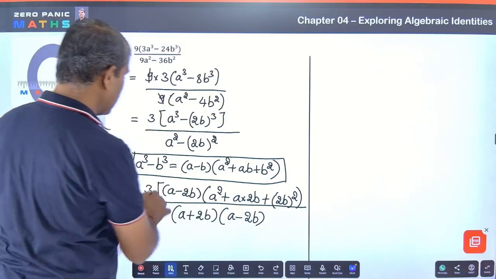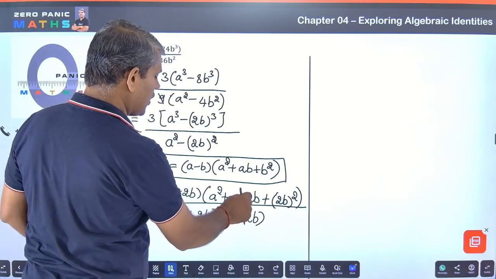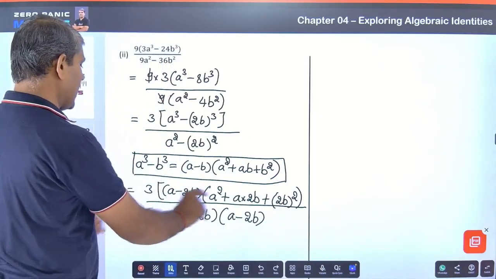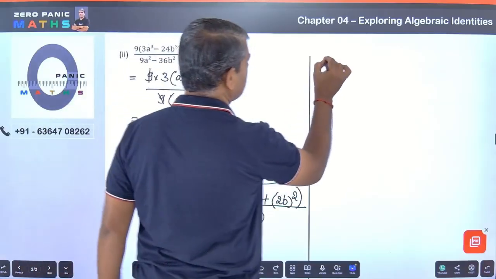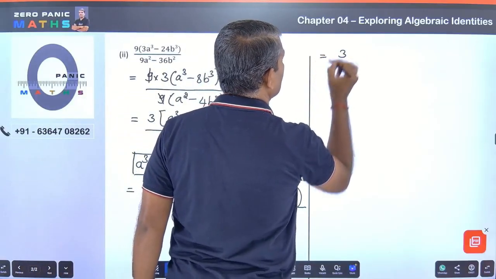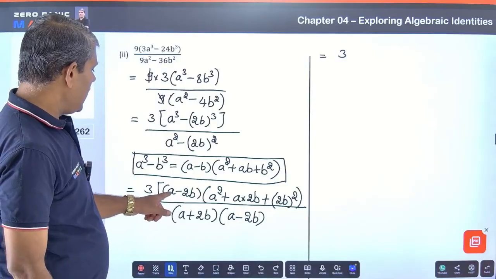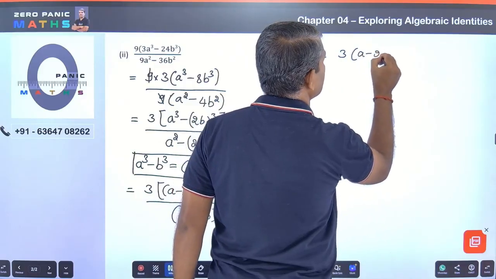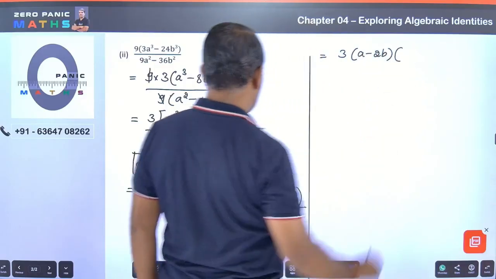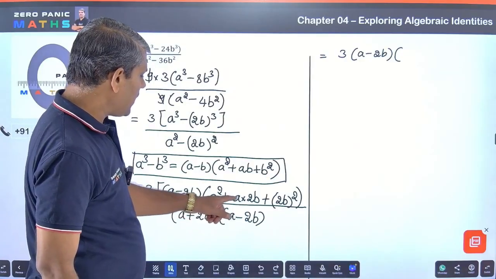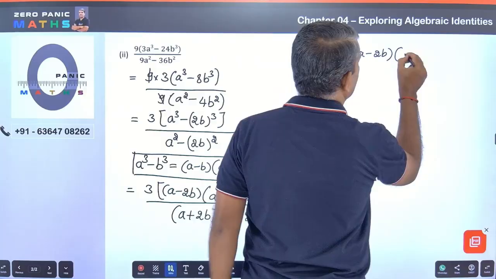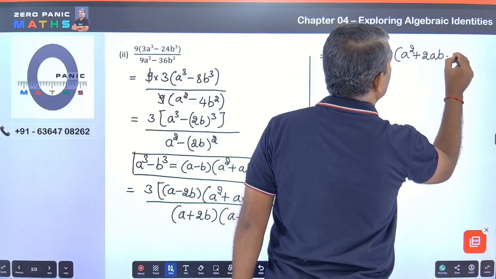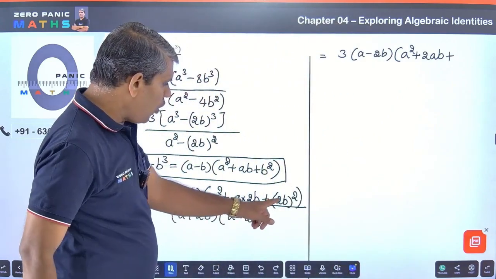Now let us multiply a into 2b and 2b whole square, and write the final version of that. 3 is kept as it is, a minus 2b is there as one bracket, and into another bracket it is a square plus 2ab plus 4b square.